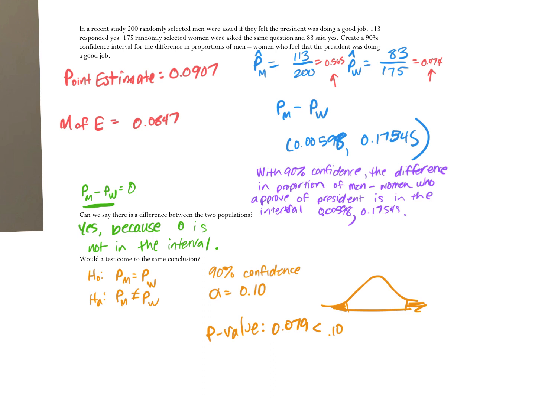Are you guys with me that this is the exact same thing? So you can use this confidence interval to test if there's a difference, just like you can use a test to test if there's a difference. And I'd argue that the confidence interval gives you a little bit more information.